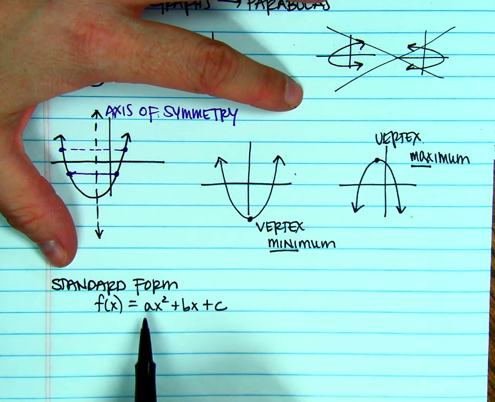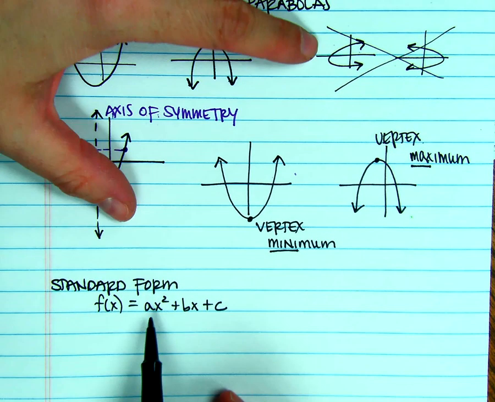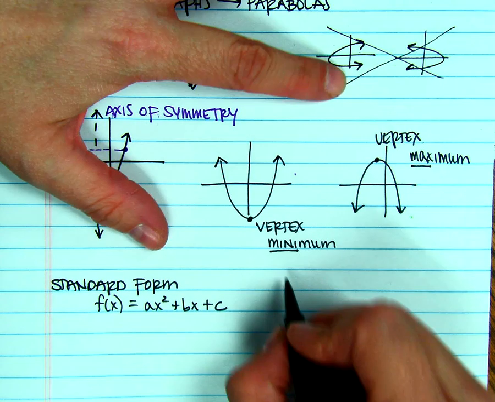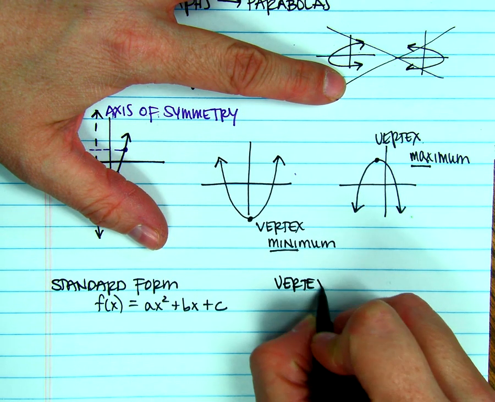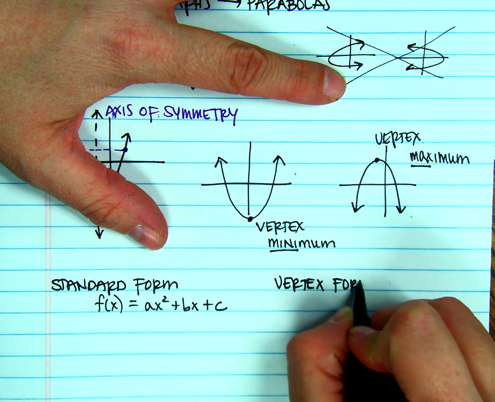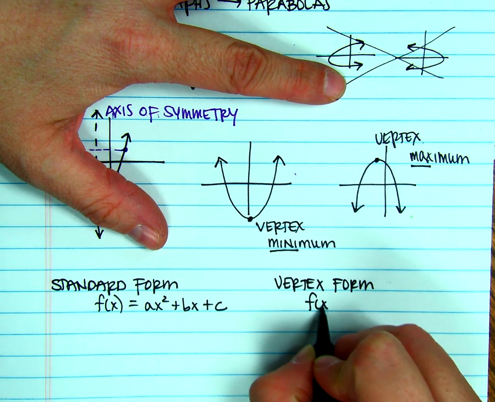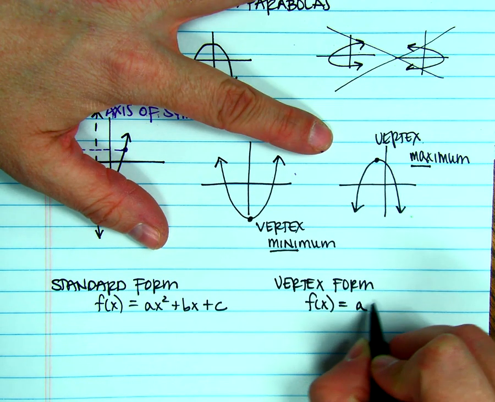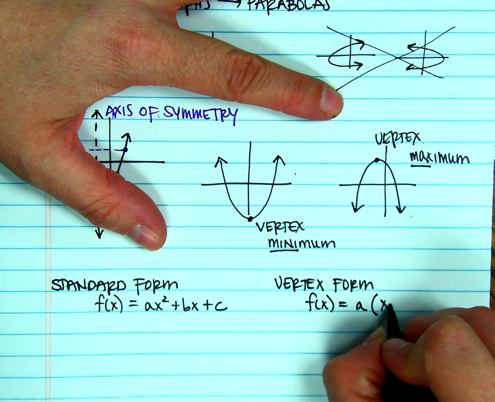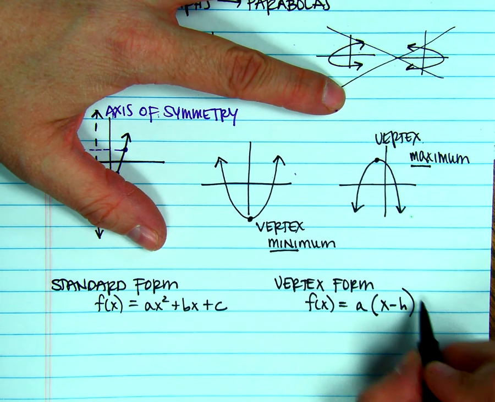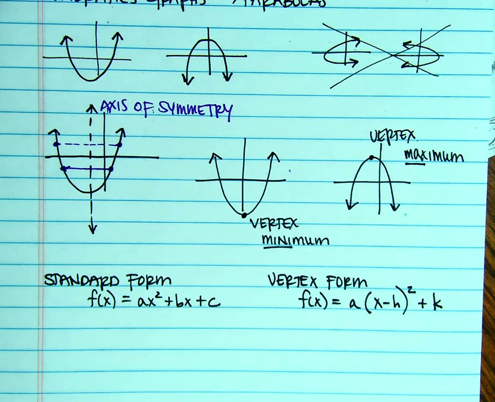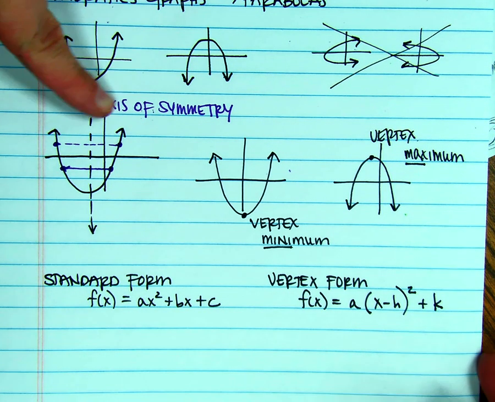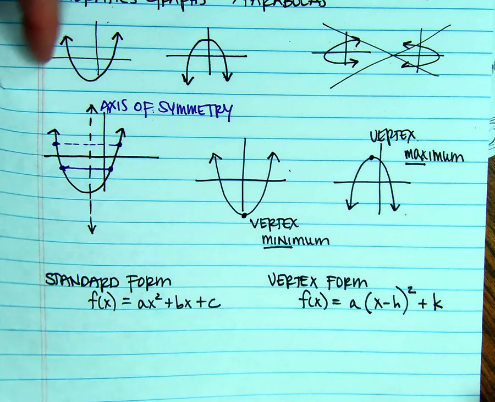So if we are graphing a parabola, this is going to be the standard form. There is something that we're going to talk a little bit more about later, and that is called vertex form. And that is f of x equals a times the quantity x minus h, that quantity squared, plus k. And we'll talk about that completely in another lesson. So we are going to deal primarily first with standard form.